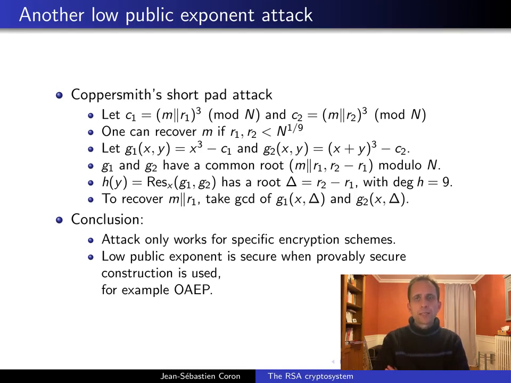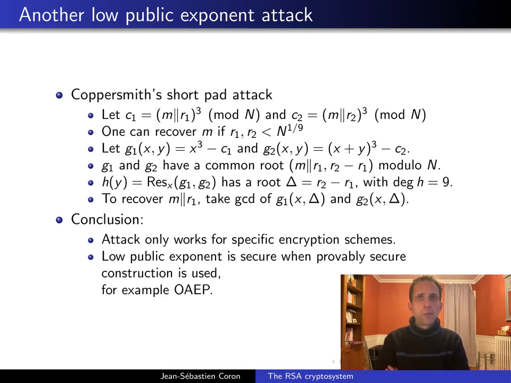As a conclusion, we have seen two attacks against RSA based on Coppersmith's technique when the public exponent of RSA is small, for example 3. But this is not a devastating attack, because the attack only works for specific encryption schemes, actually for a variant of textbook RSA.